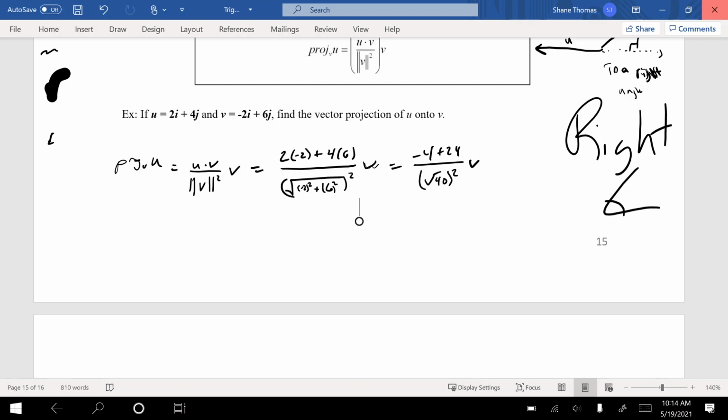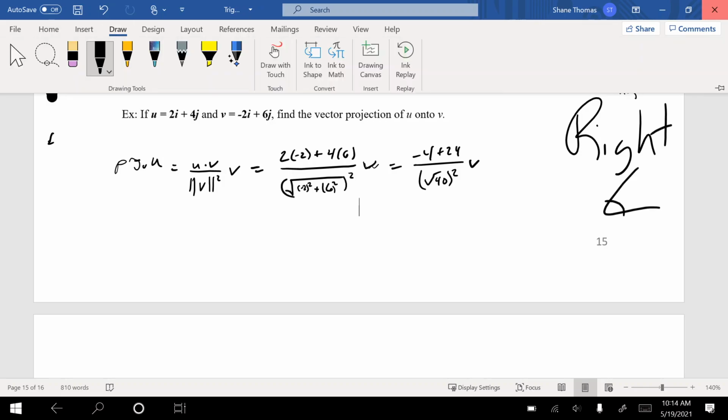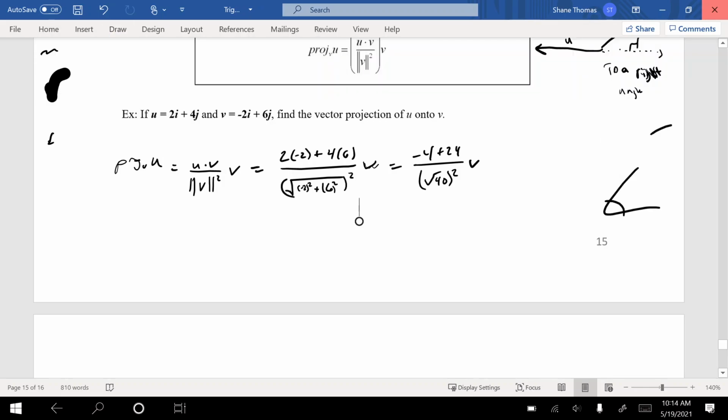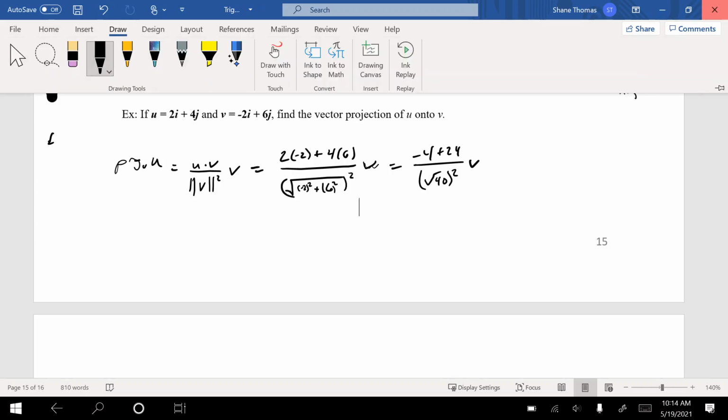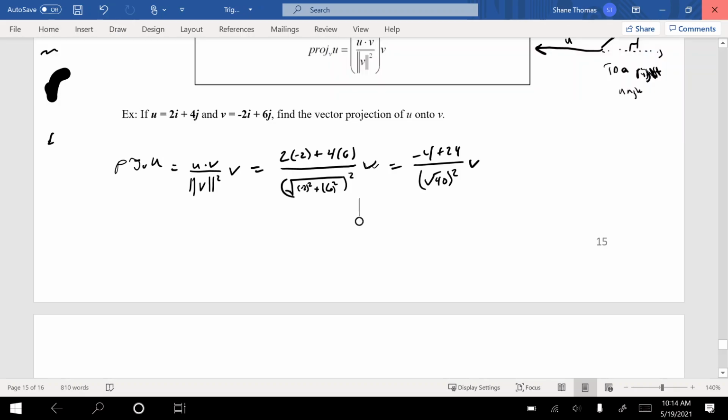So this is going to be 20 on top. On the bottom, that's just going to be 40 because these cancel each other out. I still have times V. So this is what, 1/2? Agreed?